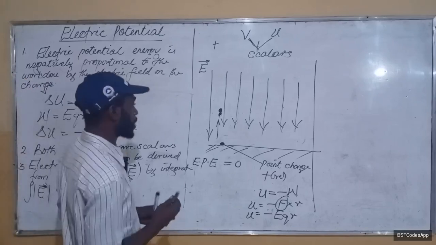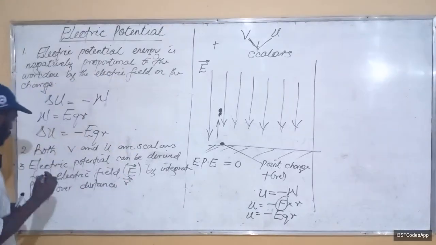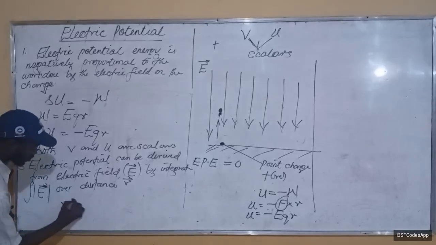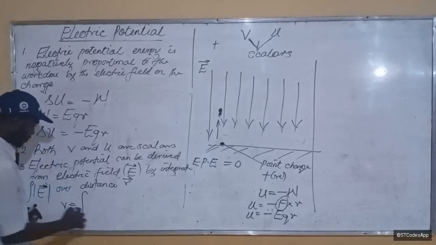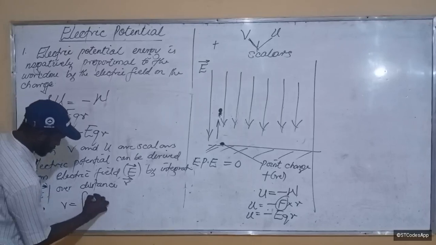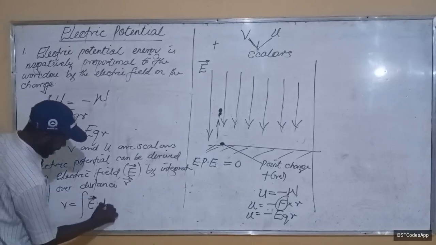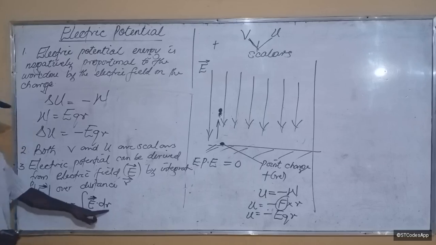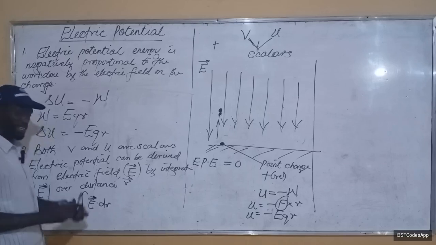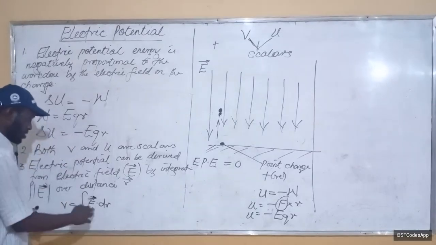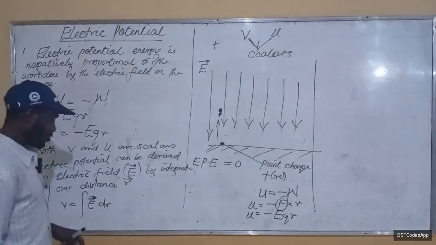So then I'm going to show you that mathematically. We say that V is going to be the integral of E dr, each unit of distance covered. We are covering little distances. This is the way we represent it.